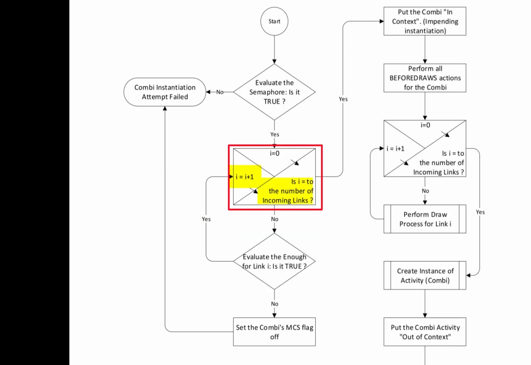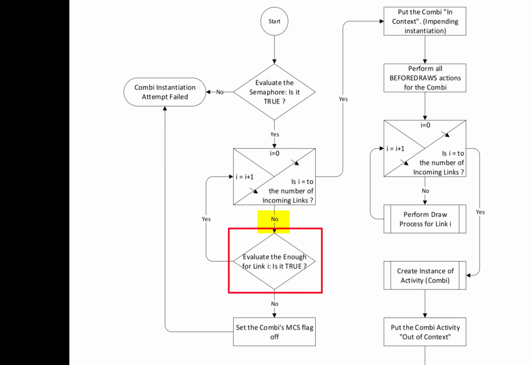Stroboscope checks to see if it is equal to the number of incoming links, and if it is not, then Stroboscope evaluates the enough attribute for the next link I. If one of the enough attributes for any link I is found to be false, then Stroboscope sets the combi's maybe can start flag to off, and the Combi instantiation attempt fails.